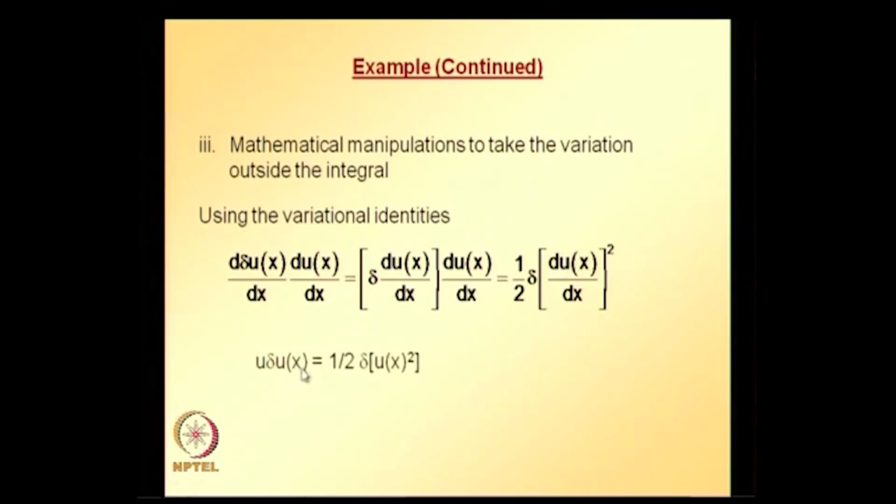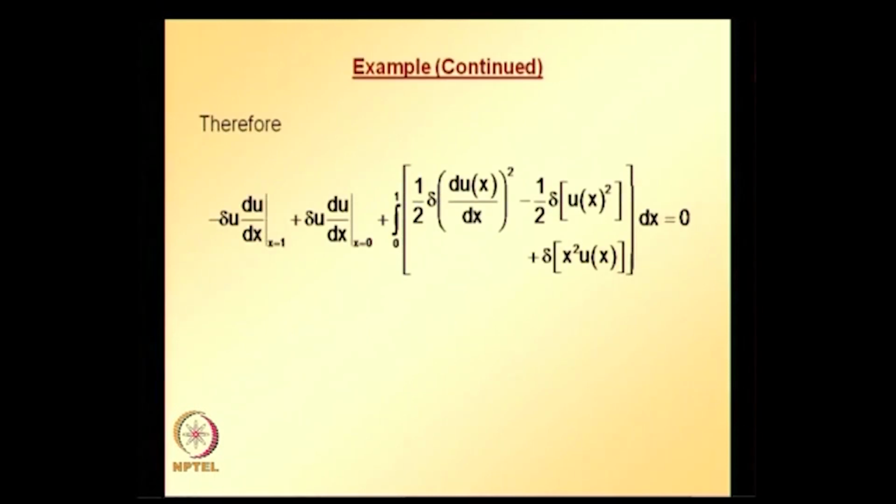Also in our equation we have u times variation of u, which can be written as 1 over 2 variation of u square. And in x square times variation of u, x acts like a constant, it is not a function of any of the coefficients. So x square times variation of u can be written as variation of x square u. Using these variational identities, the equation that you have earlier can be rewritten in this manner.